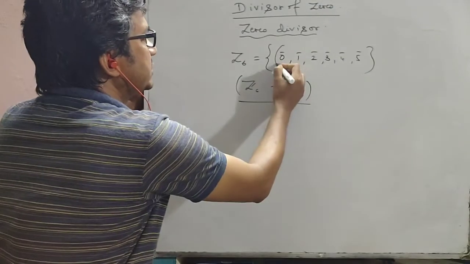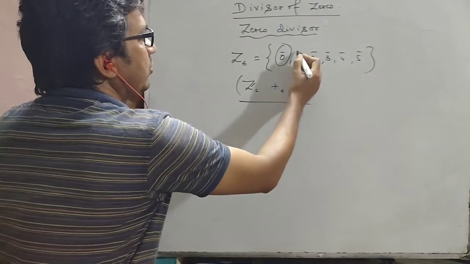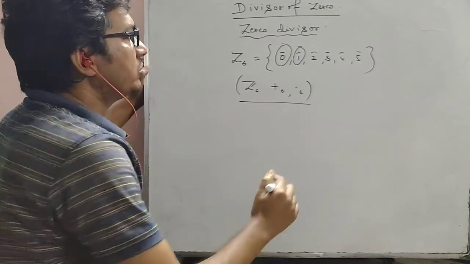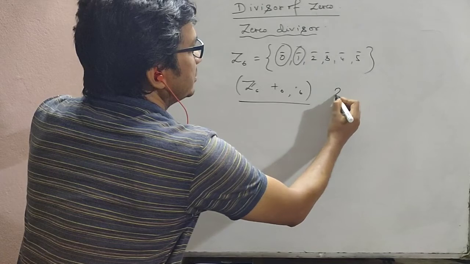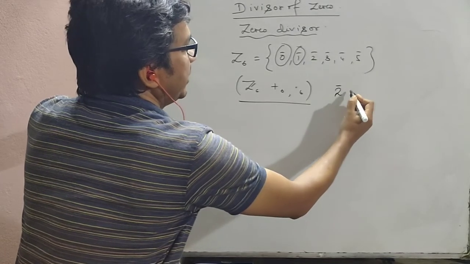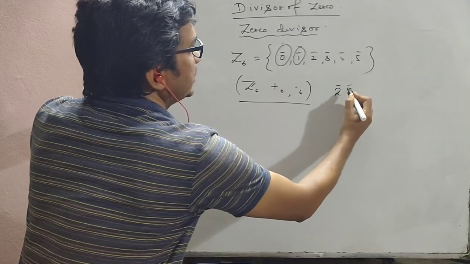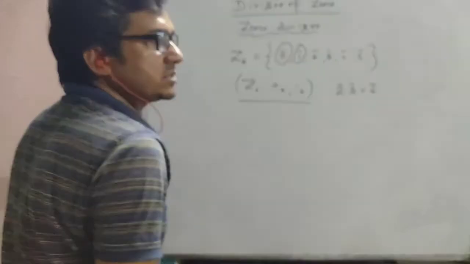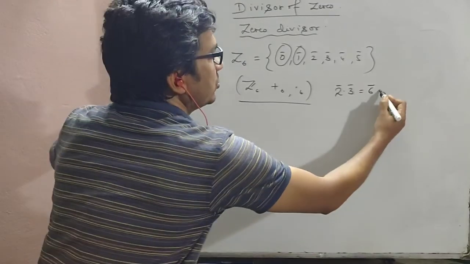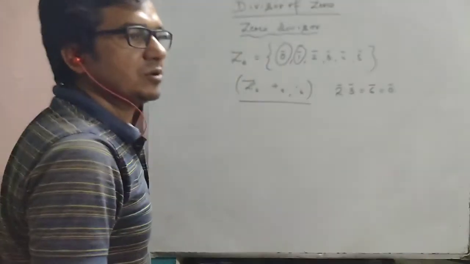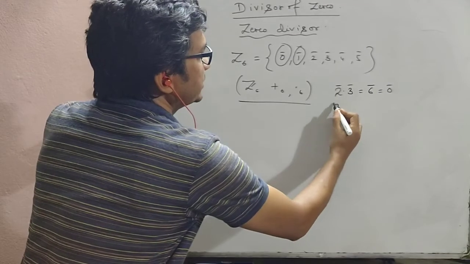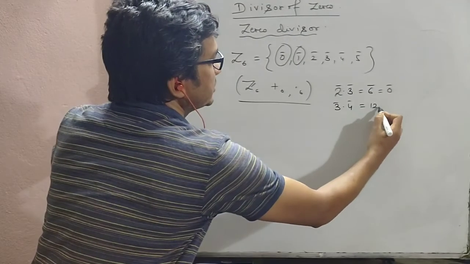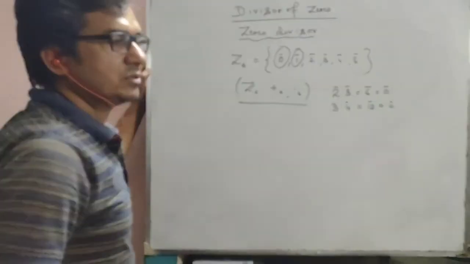Here 0 is the 0 element and 1 is the unity element. Now if we multiply 2 class and 3 class, this is 6 class, so this is 0 class. Also if we multiply 3 class and 4 class, this is 12 class, this is 0 class.